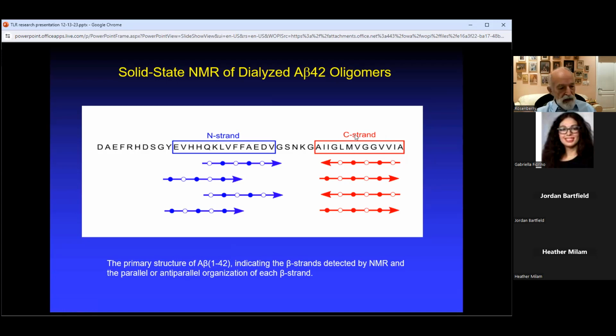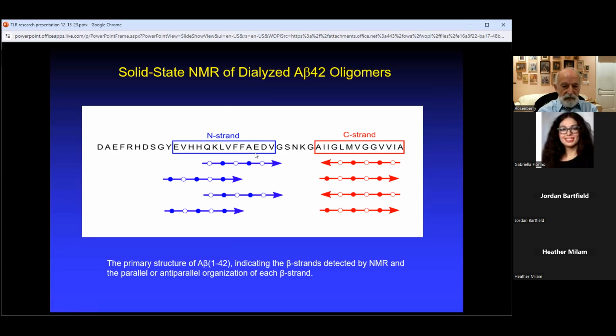And we immediately identified it as beta strands indicating an antiparallel organization. And that's indicated in the red arrows pointing in opposite directions. The N strand, which we tried labeling in various ways similar to what we'd done with the C strand, we didn't get any anti-parallel N strands.